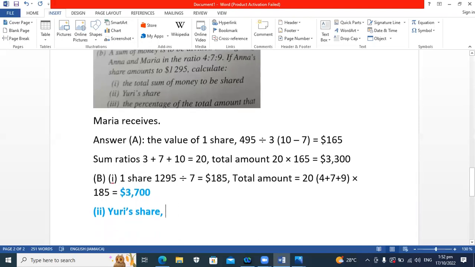So it will be 4 times 185. Four times 180, all right, seven, let me see that. Which is what? 740.